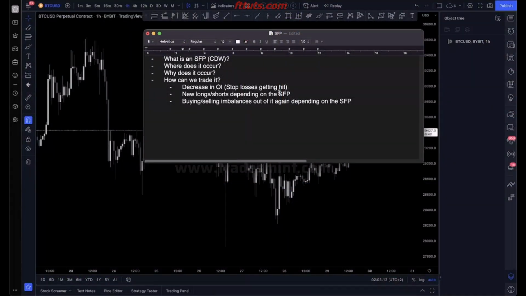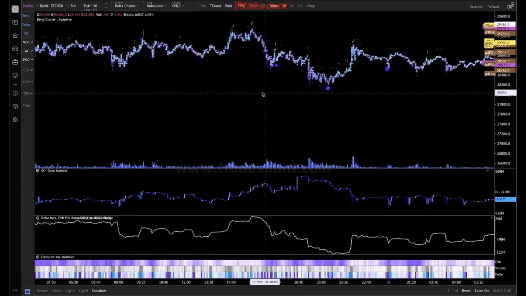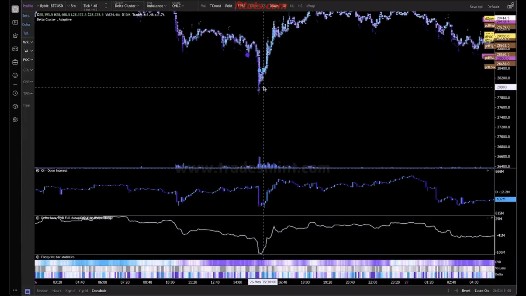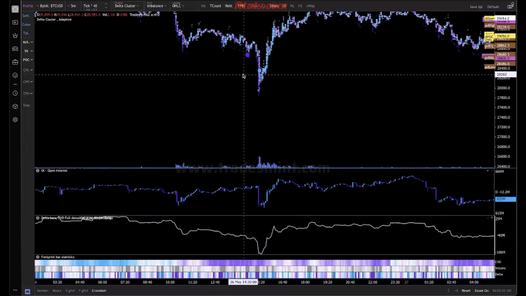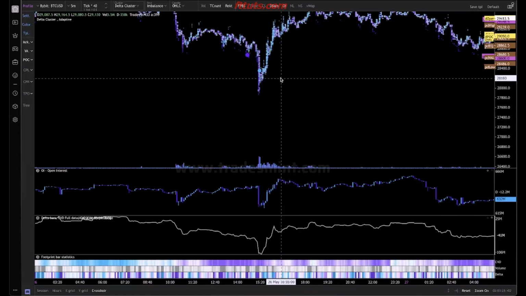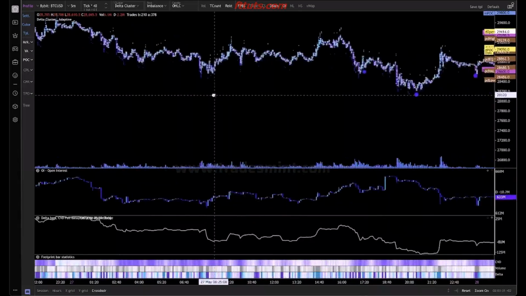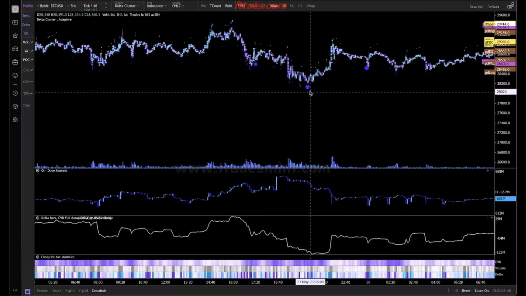So you want volume and also direct bubbles. That's like an extra confirmation that big positions get liquidated. Maybe it was a hunt for liquidation, and we can see these on the retest as well.